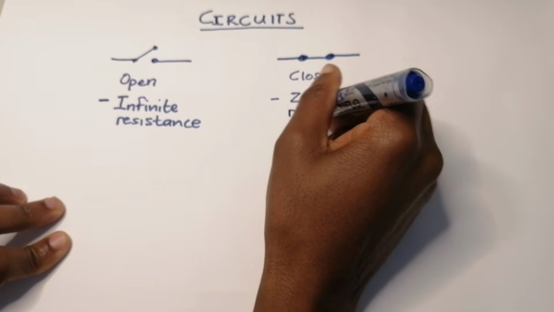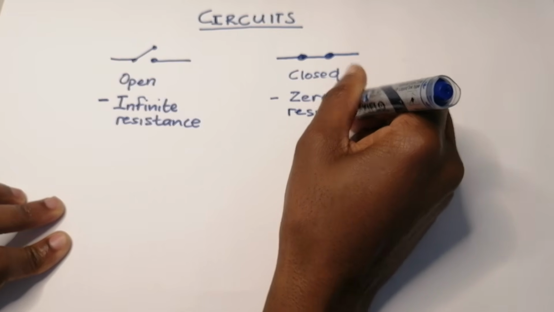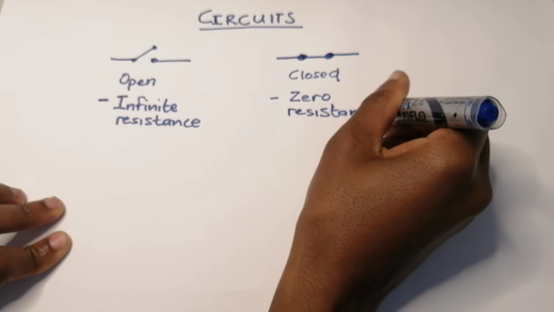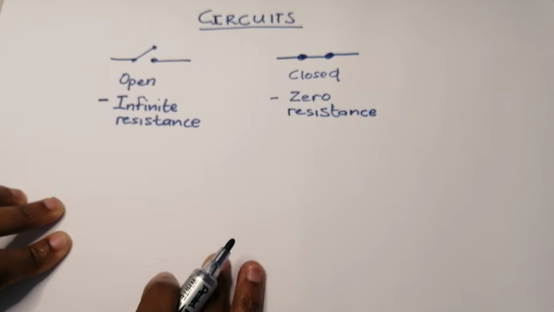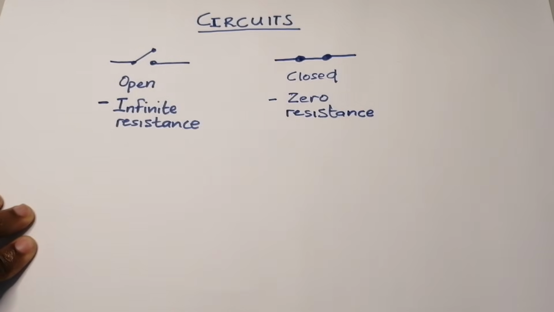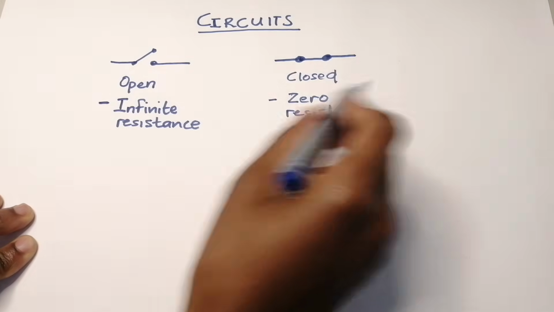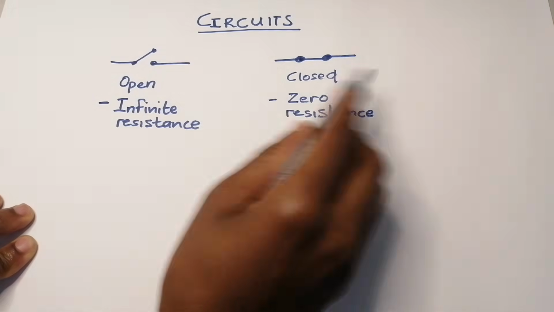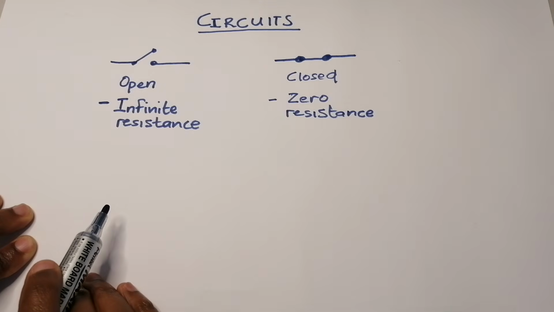Please keep that in mind. So a closed switch has got zero resistance, so it does not resist current at all. As a result, it will begin to allow current to flow, so a maximum amount of current will be able to flow.